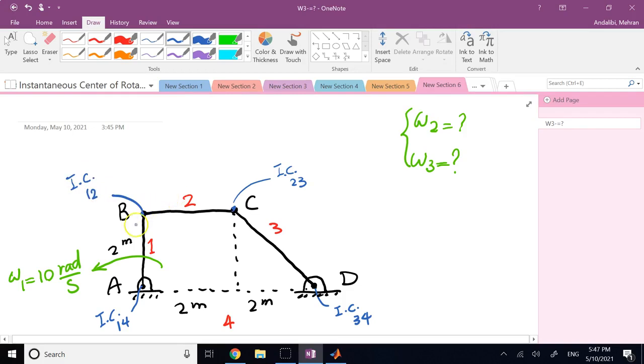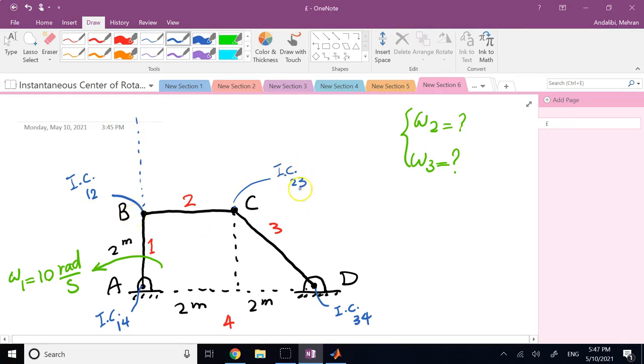And if you use Kennedy's theorem, connect the line of 1, 4 to 1, 2, and continue that, this is going to go in a completely upright direction, and I of 2, 4 is going to be on this line.